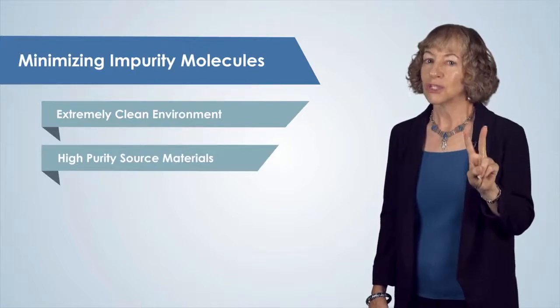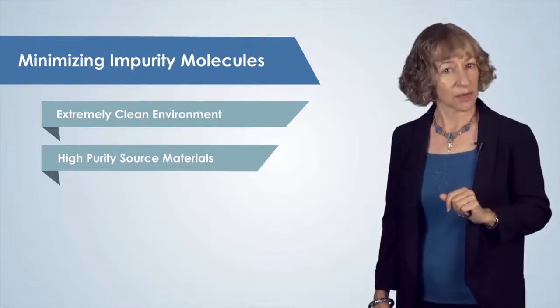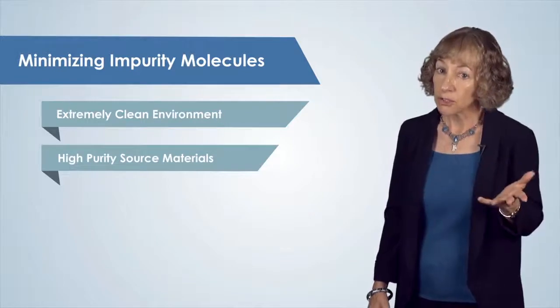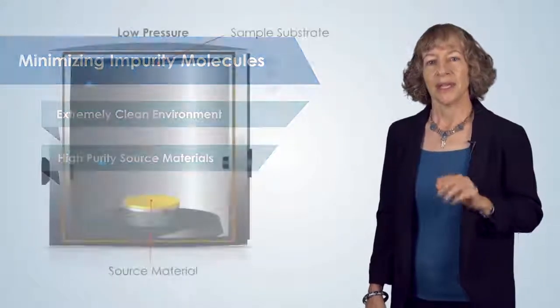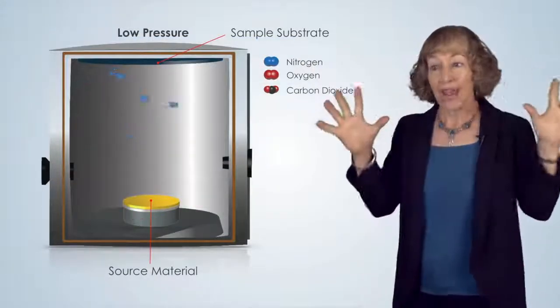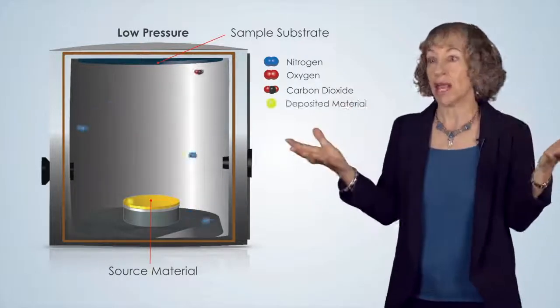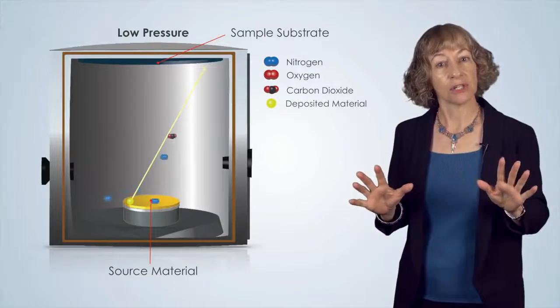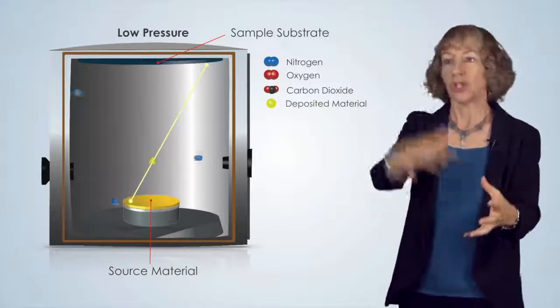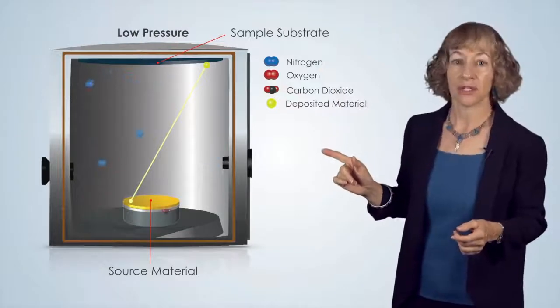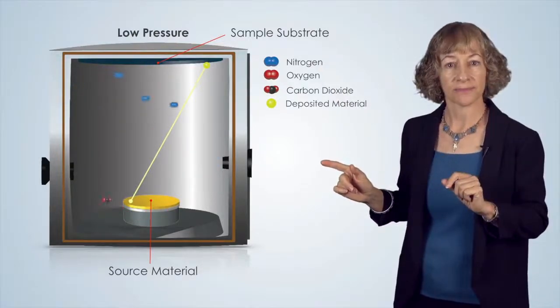These two conditions help us to minimize the number of impurity molecules in our thin films that are introduced during the deposition. These impurities can even be air molecules, so a clear path without air for the deposited material to travel from the source to the sample during deposition, as shown in this animation, is very important.